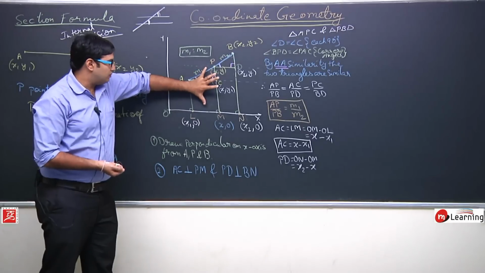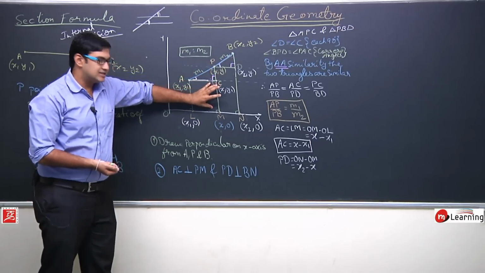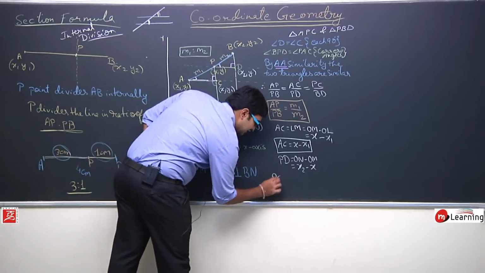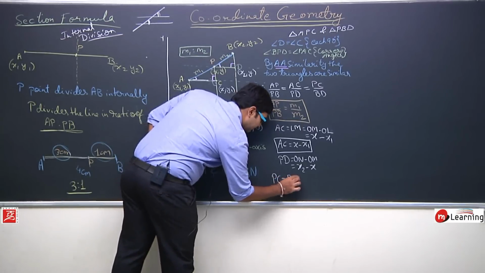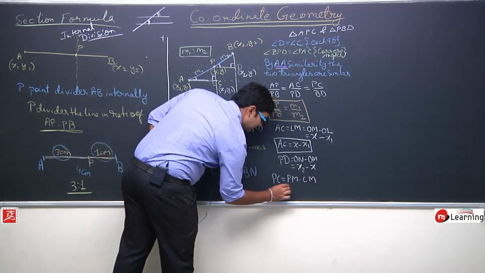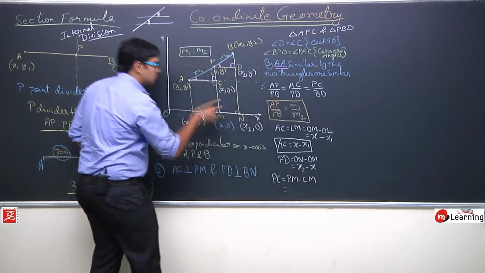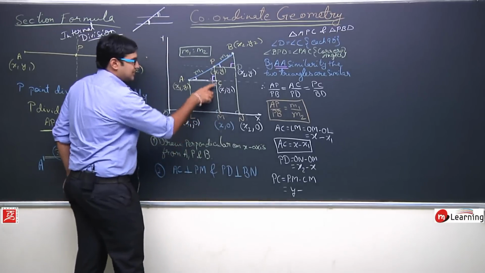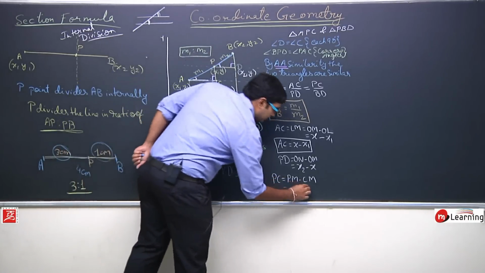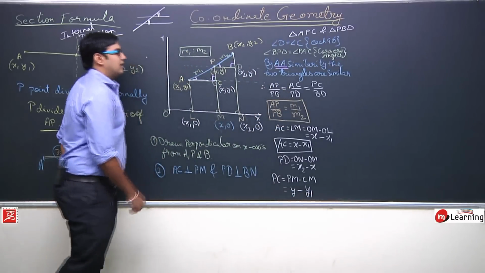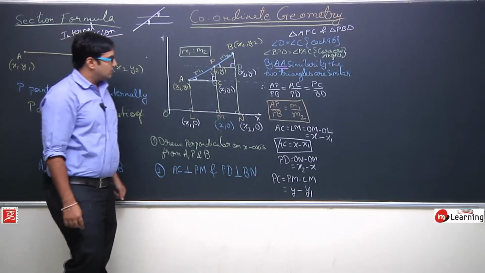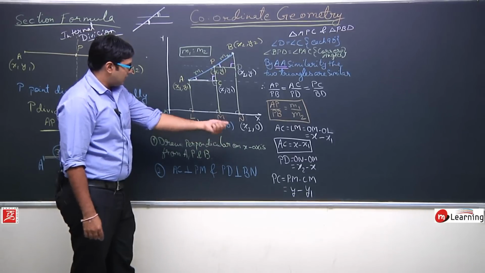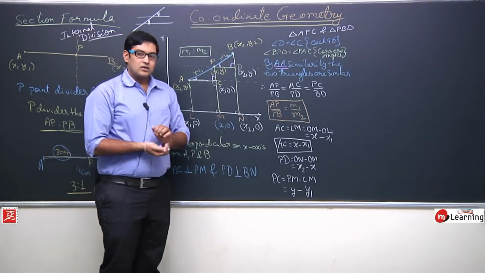PC length is equal to PM minus CM, where the length of PM is y minus CM, which is y1. So this is y1. Now we have this line y and this is y1.